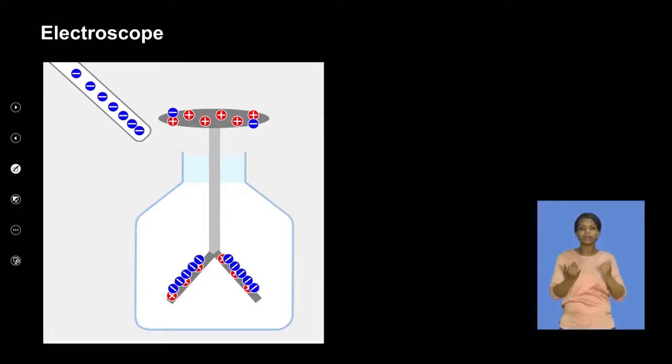So once that happens, if we polarize by repulsion without even making contact with that part of the electroscope, these two leaves will actually deflate because both of them will be more negative. So what do we know about negative charges? They experience a force of repulsion. Hence, we say that the leaves will deflate.